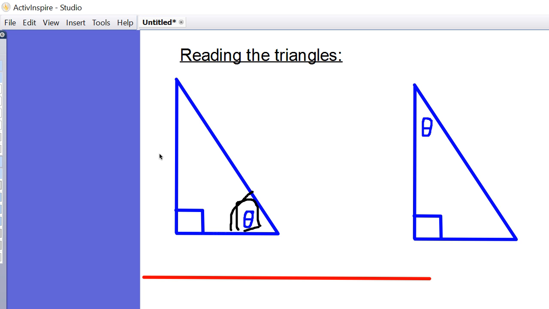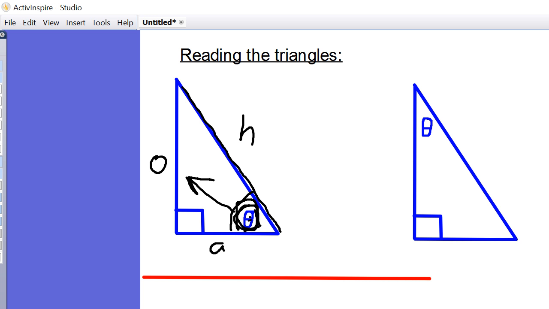I like to imagine that I'm really, really tiny and I'm sitting at this point here. And so the hypotenuse is always the longest side. It's always the side that is not touching the right angle at all. So then from down here, this one over here, the one furthest away, is the opposite side, and the leftover one is the adjacent.